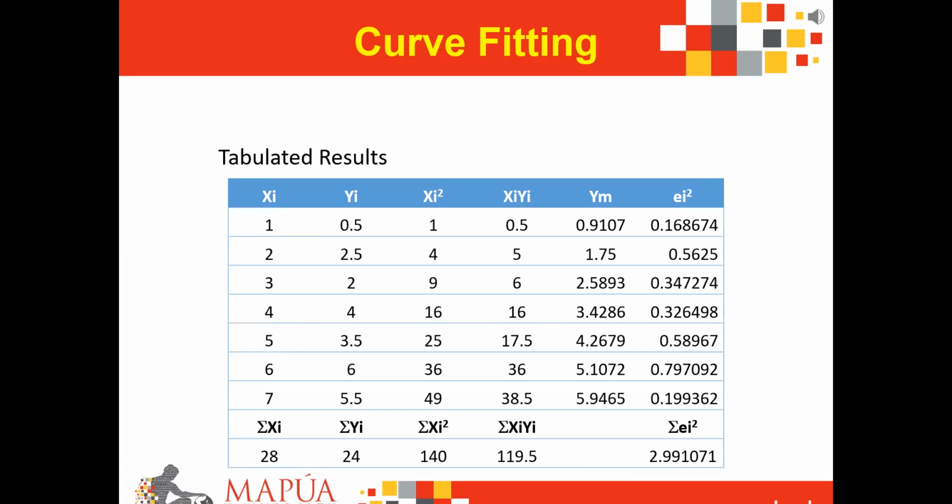Note that the criteria for best fit is applied. Therefore, each individual error is then squared, thus giving us the following values for each of your errors. And then if you sum up all of these squared errors, this is now equivalent to your SR, which is in this case equivalent to 2.9911.